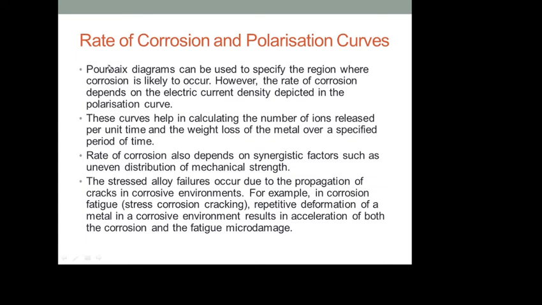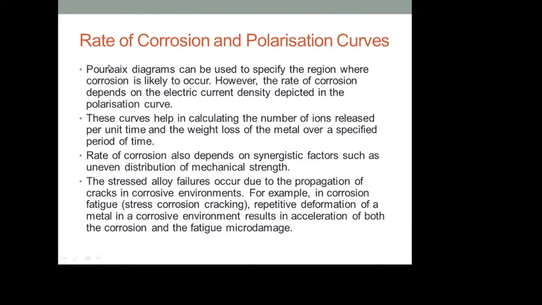For example, if there is a small crack in your implant, then that results in uneven distribution of stress along the surface of the implant. So that would further enhance breaking of the implant, and it would further aggravate the fracture. So this is the corrosion fatigue.